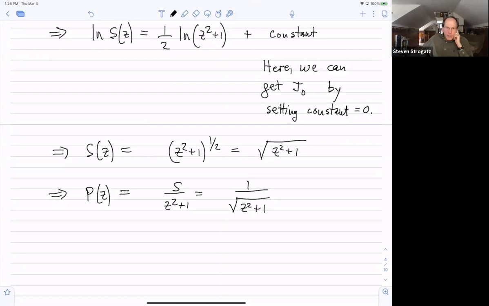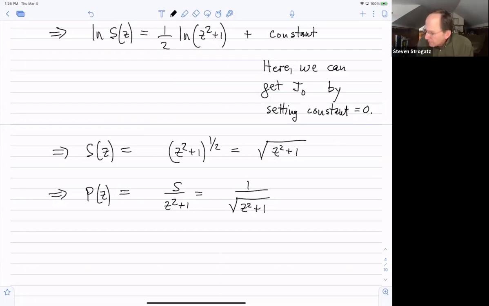So that's not going to be 0 except at Z equals infinity, I think, right? Yeah. So you had asked about dividing by 0. So it looks like in the finite plane, we're not going to end up dividing by 0 with this P.